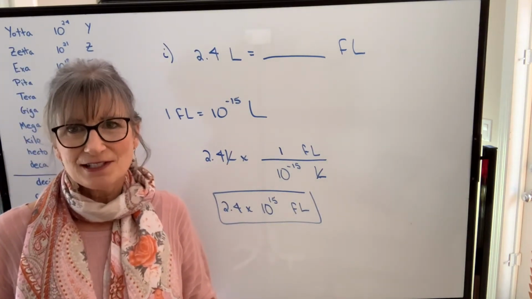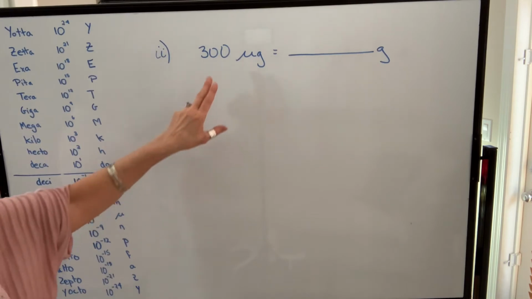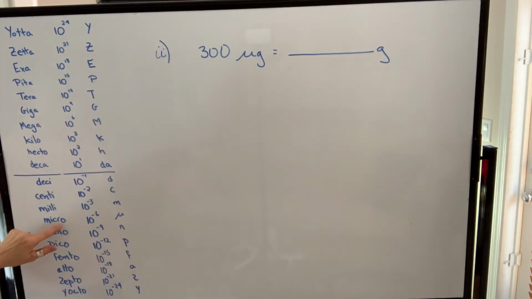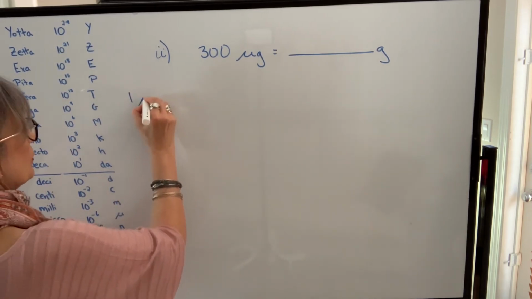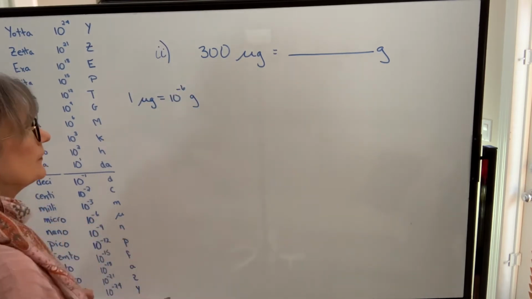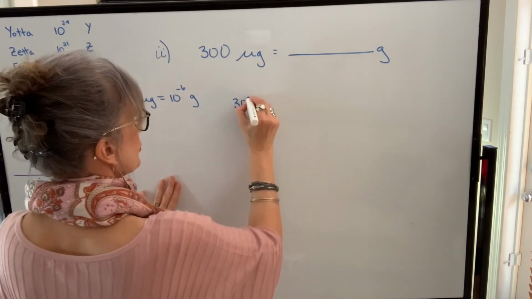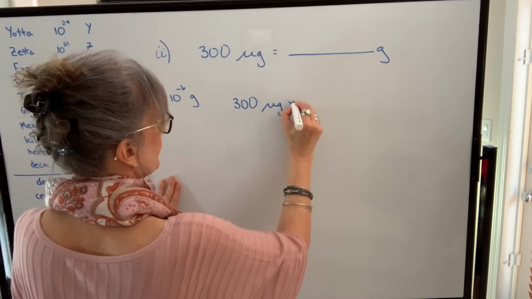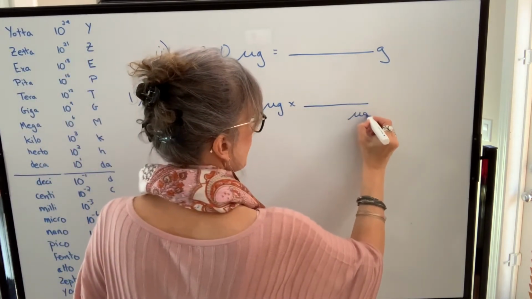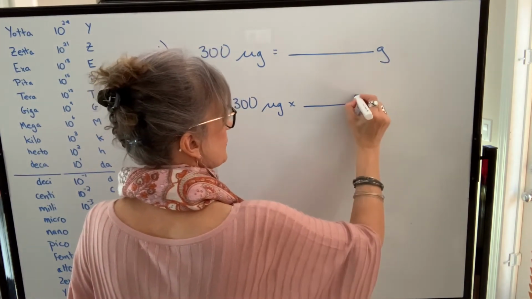Let's take a look at some more examples. In our next example, we're asked to change 300 micrograms to grams. So we look up the value for micro, it's 10 to the negative 6. So that means that 1 microgram will equal 10 to the negative 6 grams. So when I set up my dimensional analysis, my fraction should have microgram in the denominator so that it cancels, and I want to replace it with grams.